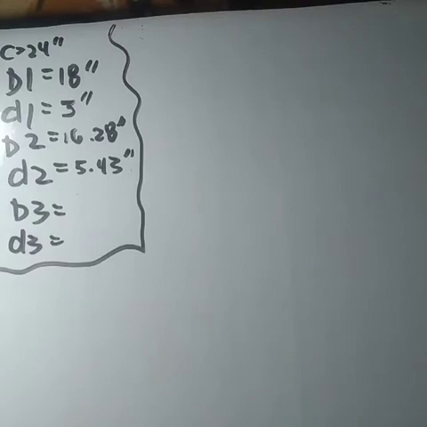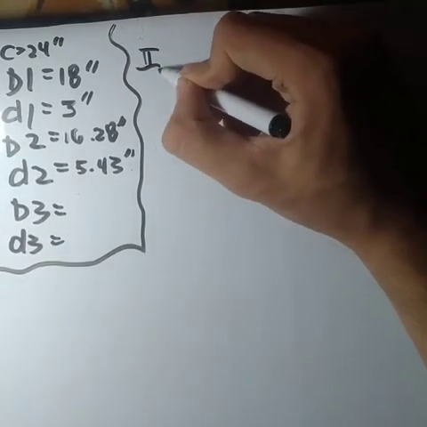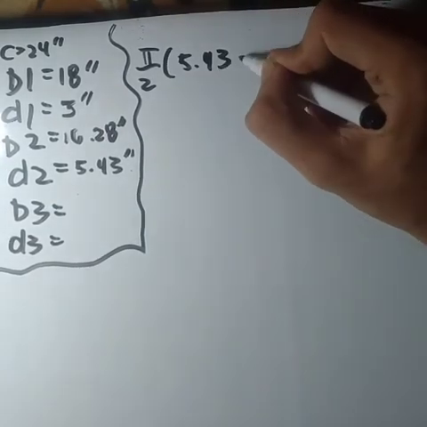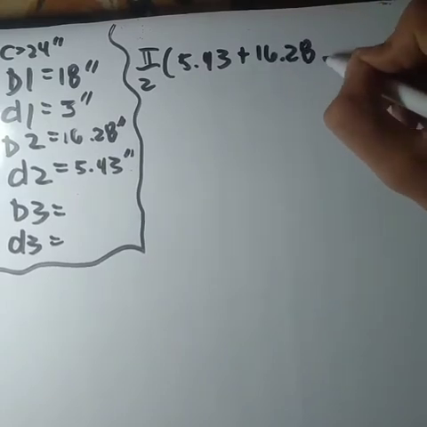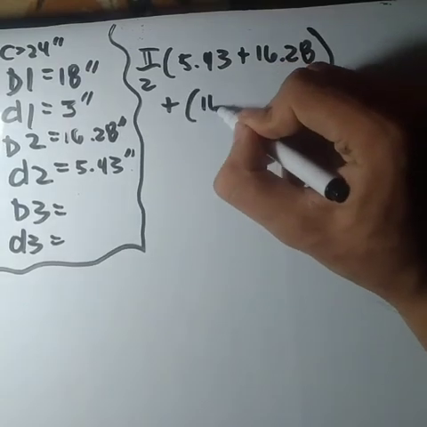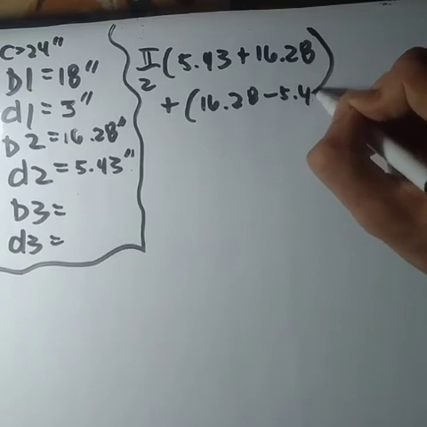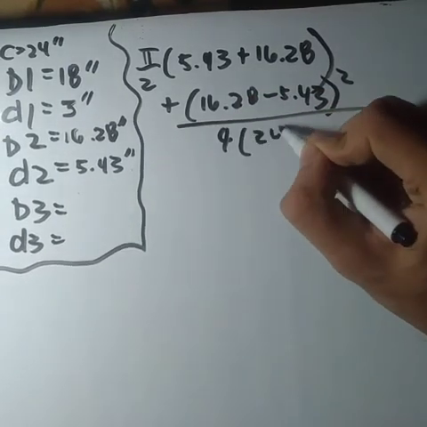So, by substituting the values to the recent formula, we get 5.43 plus 16.28 plus their difference over 4 times the C, which is 24.